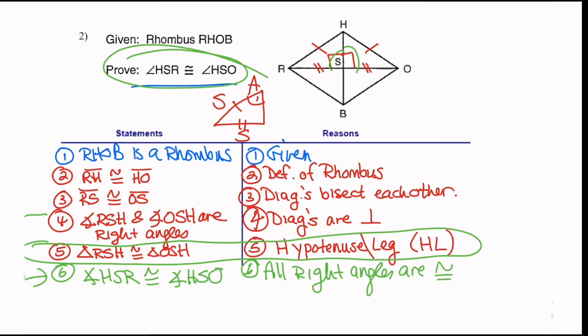Typically, we would think about that being a CPCTC type of reasoning, but here I didn't actually need it. So what I circled here was something a little extra that you might see in another proof. I just wanted to bring it up for HL purposes because you need to see sometimes the hypotenuse leg reasoning.